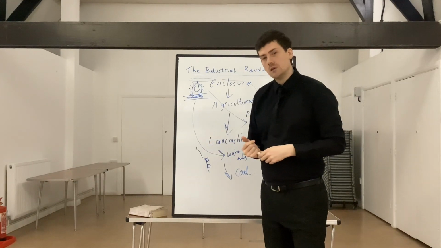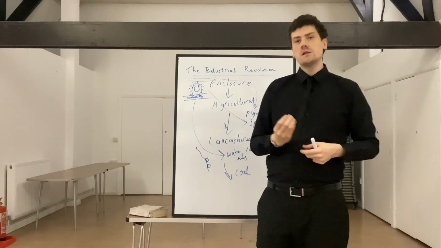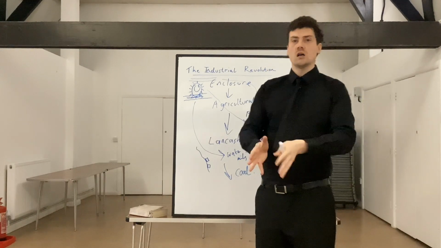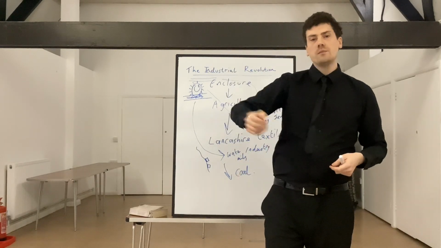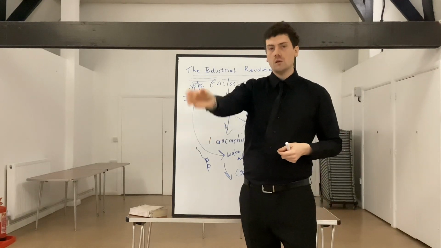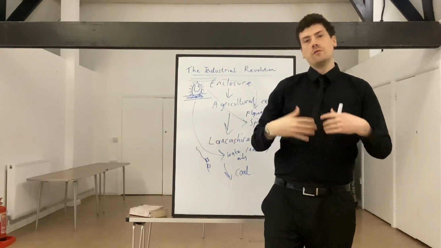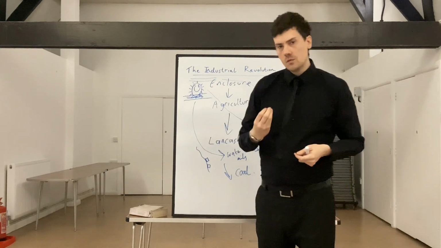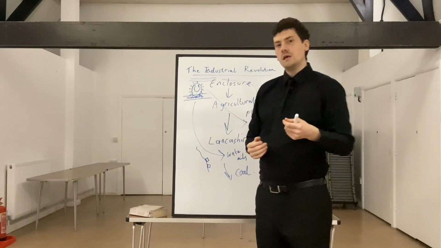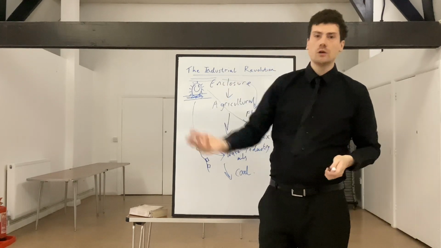Because one of the things, if you define the Industrial Revolution as the transition towards a time when productivity, what is being produced, what is being manufactured, and the idea of people going to work, going to the factory, going to the place of work, if you define it in those terms, what also came about due to factorization is, for the first time, people's lives were ruled by the clock.